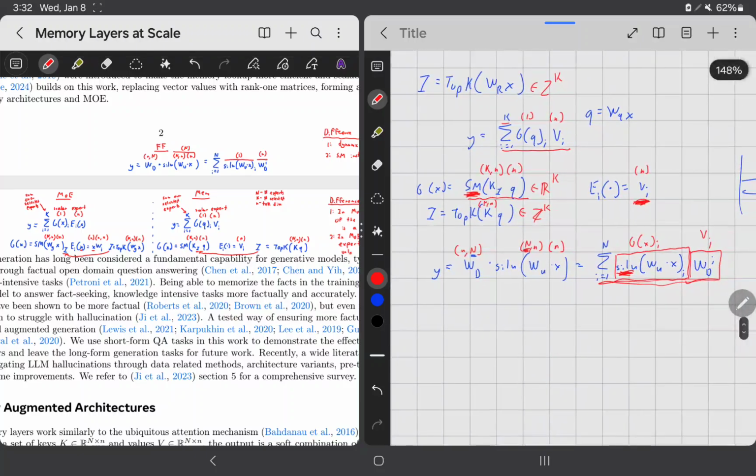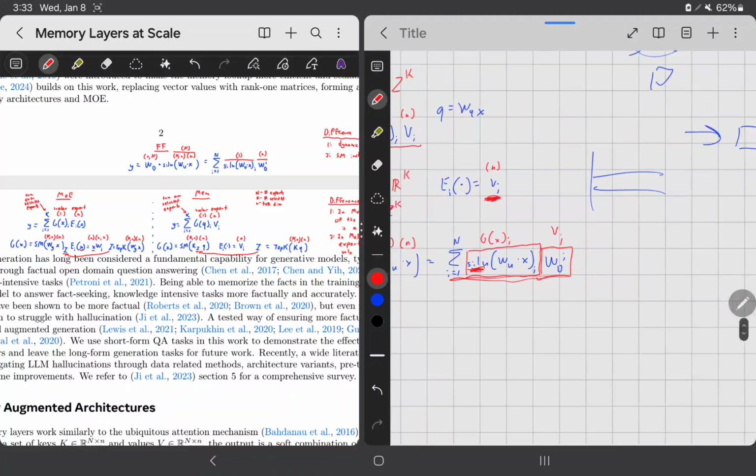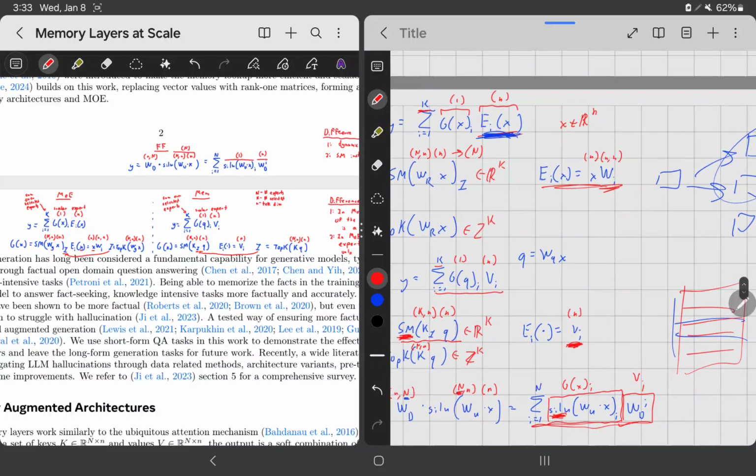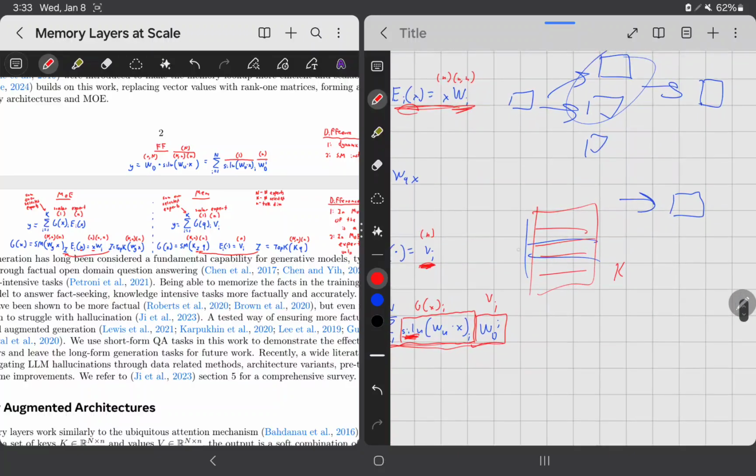Because basically their claim is that you can replace feed-forward networks with this memory network, and you can scale your memory. So remember how I said we have this massive memory, or in the experts case, the number of experts, where the number of memory tokens we have is massive.